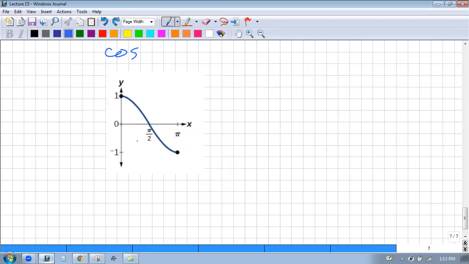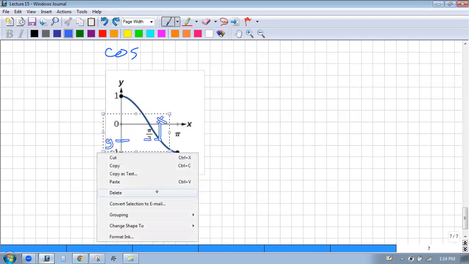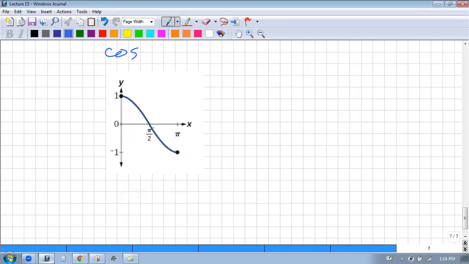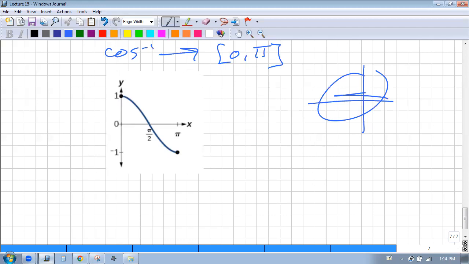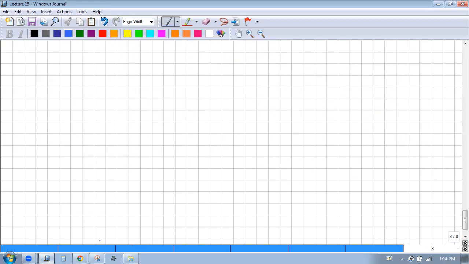So for cosine inverse, if you give me that y value, cosine inverse is going to be like it came from this x value, something between 0 and pi, okay? So this is our restricted piece of cosine that we're going to build the inverse after. Cosine inverse always gives us something between 0 and pi. That's the top half of the circle, okay?